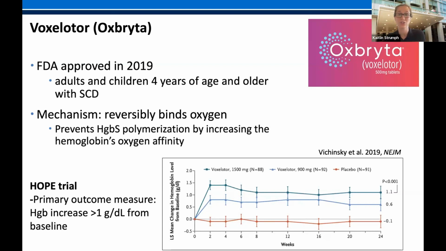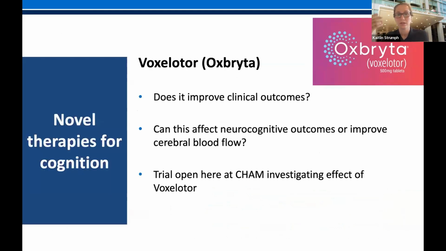So we know that this medication improves anemia, right? And we know that anemia leads to higher rates of silent infarcts, and thus likely higher rates of cognitive deficits. So will voxelotor potentially improve neurocognitive functioning? The problem is that we just don't know, right? It hasn't been studied yet. So it doesn't improve clinical outcomes.